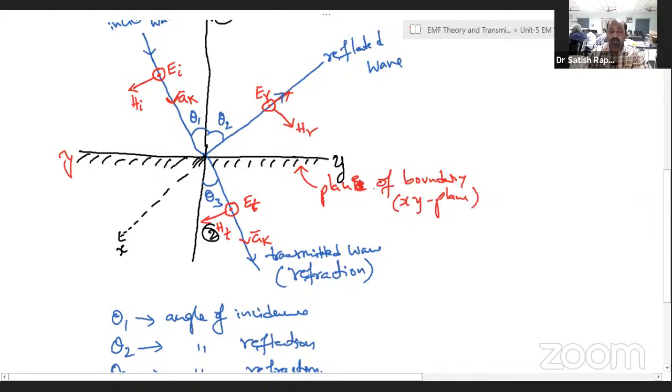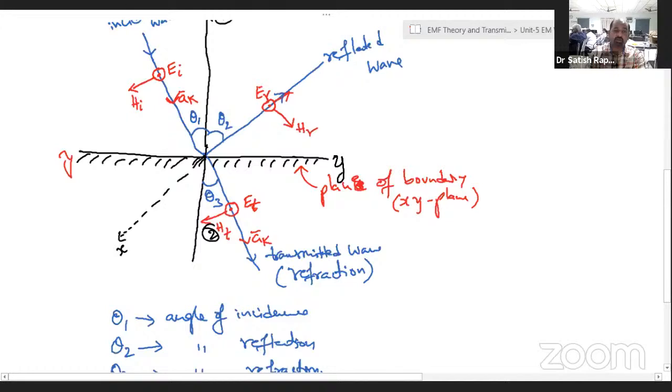So to the xy plane, the electric field is horizontal, right? Electric field is horizontal.